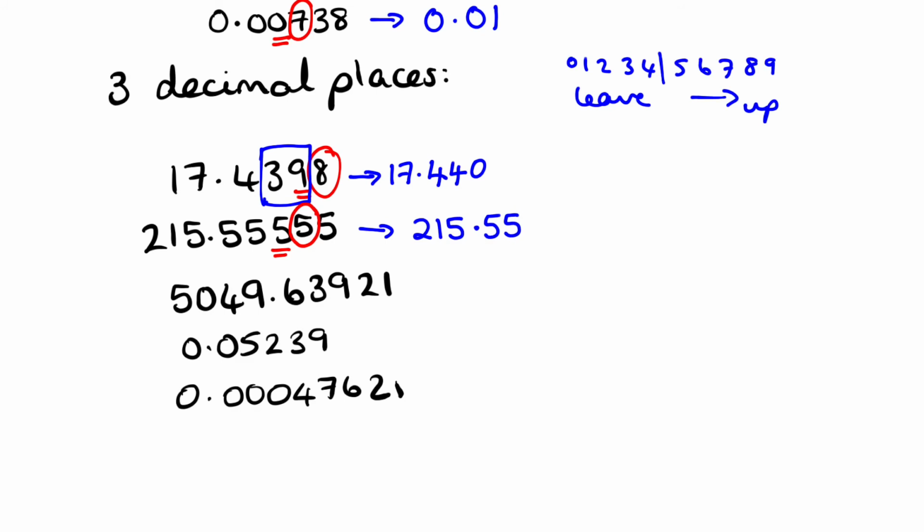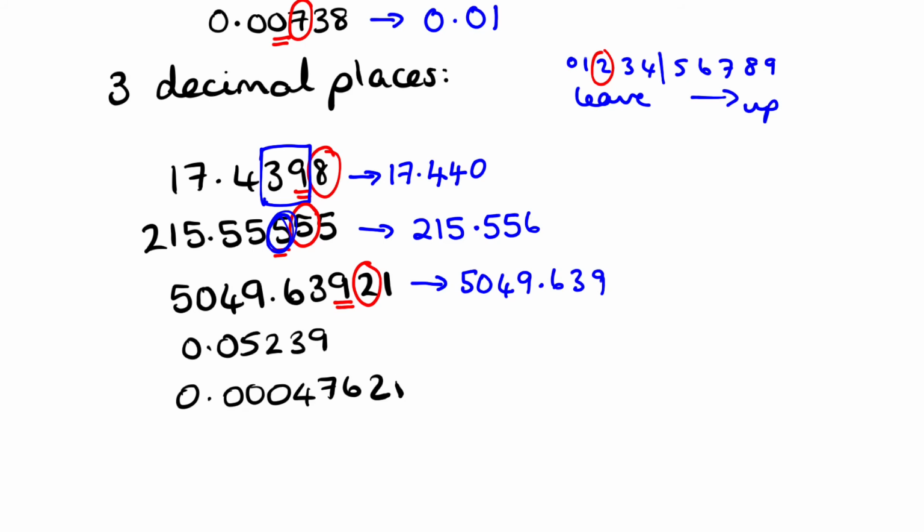And then the third one, this one, remember, has to move up to a 6. And the next one. 5049.63921. So the 9 is in the third decimal place this time. The 2 tells us to leave the 9 as it is. So we get 5049.639.